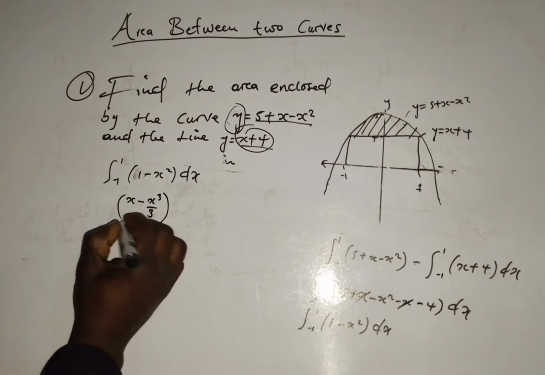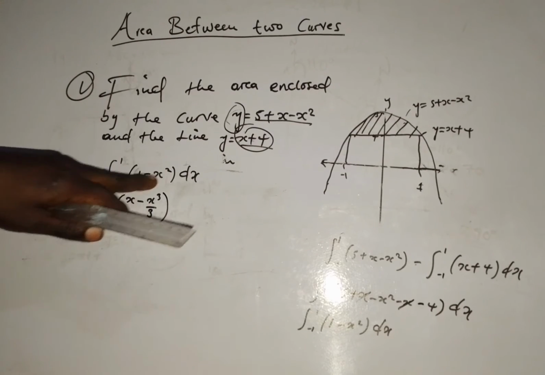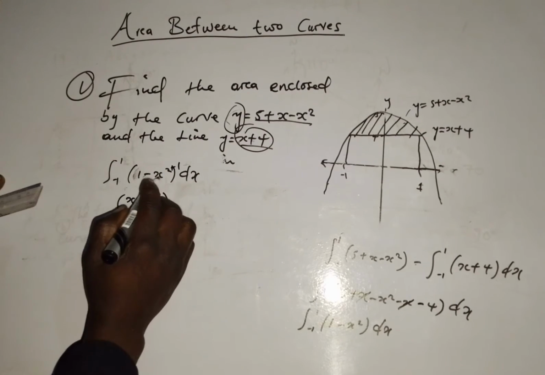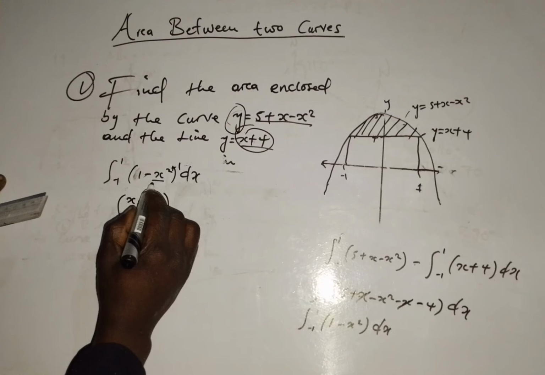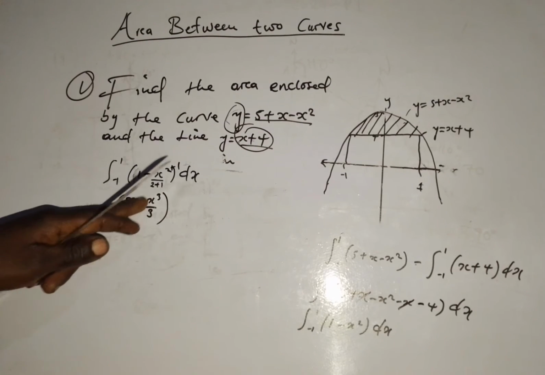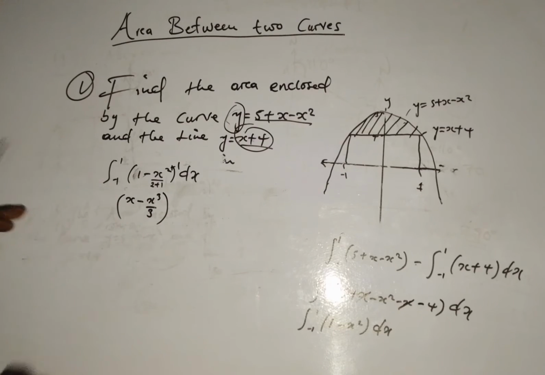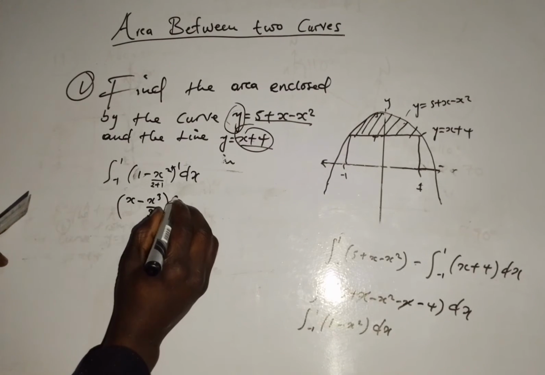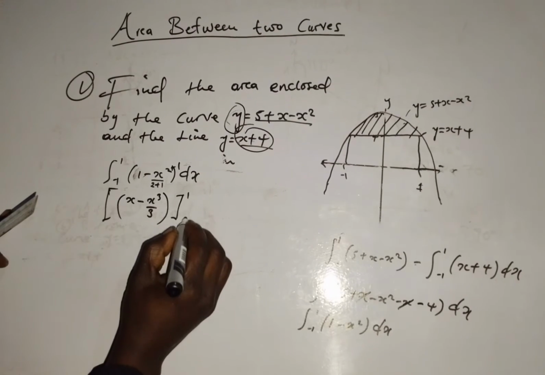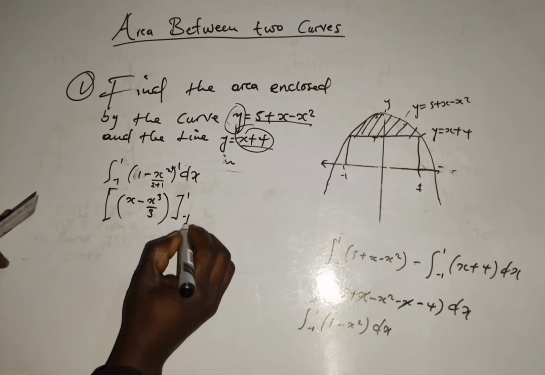Okay, because we are integrating, we add 1 to the power, then divide by the same new power, which is 2 plus 1. So it will be x power 3 over 3. Then we have this limit here, which is 1 and -1.